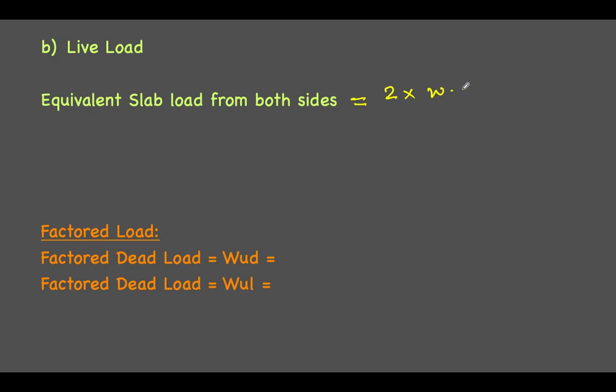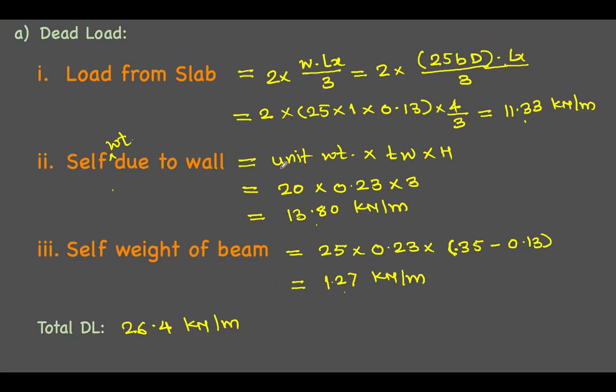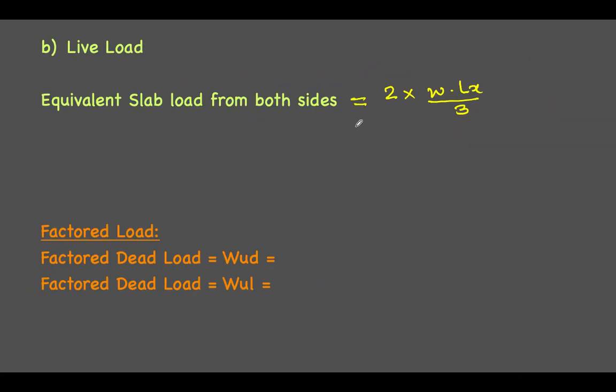The intensity of live load is already given as 4 kilonewton per meter square, so we will consider this only. This load is now 2 into 4 into Lx, which is 4, divided by 3, and this is equal to 10.67 kilonewton per running meter. So this is the live load on slab.